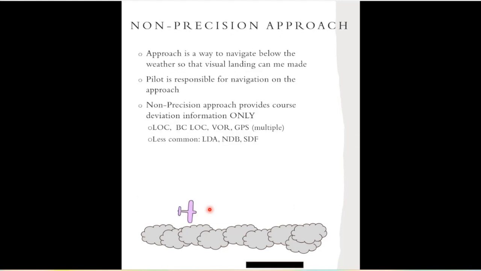So let's roll through this. Non-precision approach. Again, we navigate below the clouds. The pilot is responsible for all of that navigation, and very importantly, to watch those altitudes. If you descend too low too soon, that may run you into, as they say, cumulogranite, otherwise known as mountains.